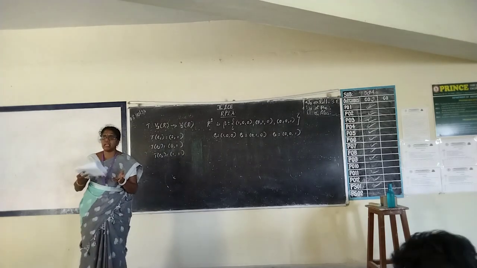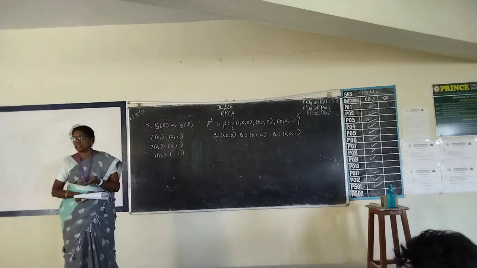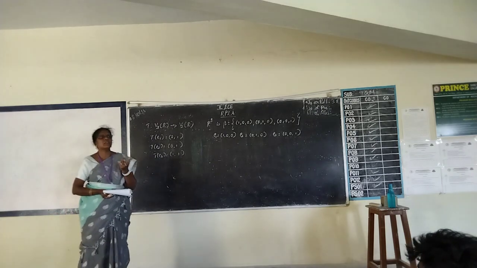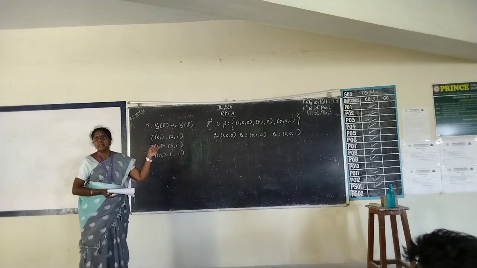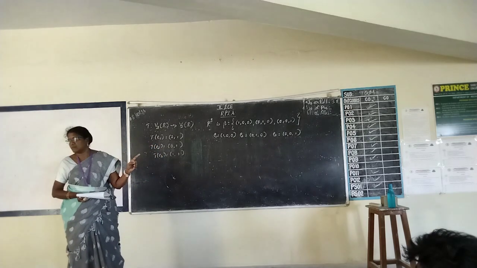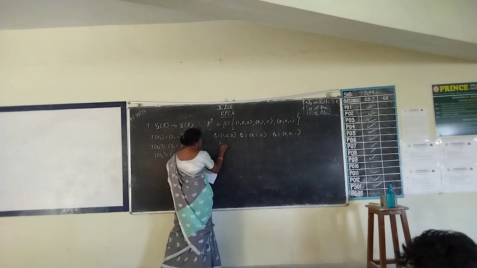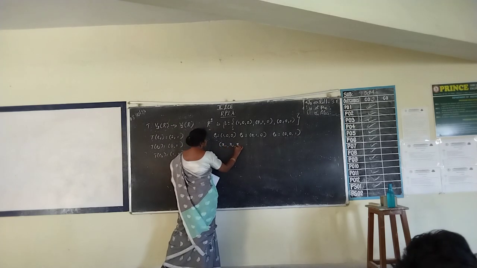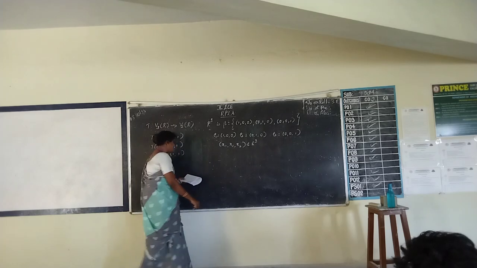Some triple-order element (a, b, c) or (x1, x2, x3) or (x, y, z). Any notation, but it should be of triple order. That should be written in terms of our E1, E2 and E3. So let (x1, x2, x3) belong to R cube. We assume a generalized element.